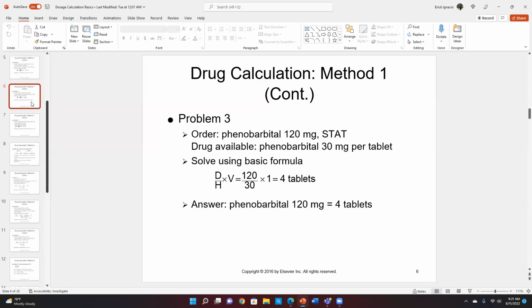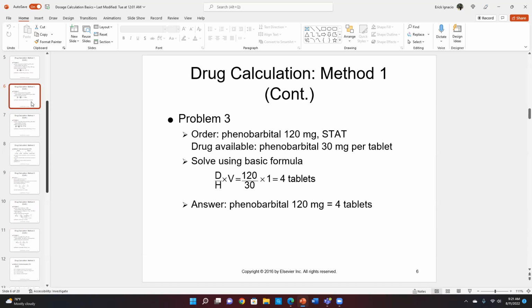So we'll use our basic formula, D over H times V. What is desired is 120 milligrams to be given stat. What does it say on the label? 30 milligrams per tablet. So we have 30 as the H, and then the vehicle is going to be one tablet.